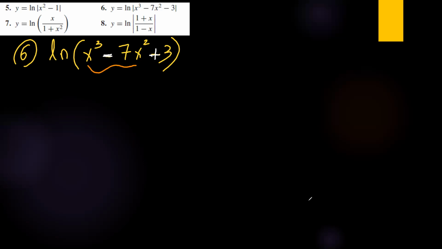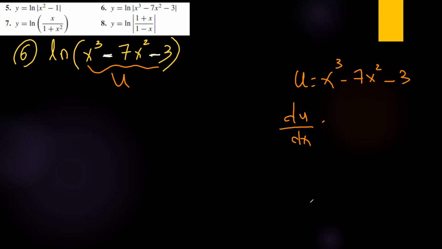Teacher, it is minus 3. Okay. So here, this is u. So u is x cubic minus 7x squared minus 3, and du over dx will be 3x squared minus 14x.